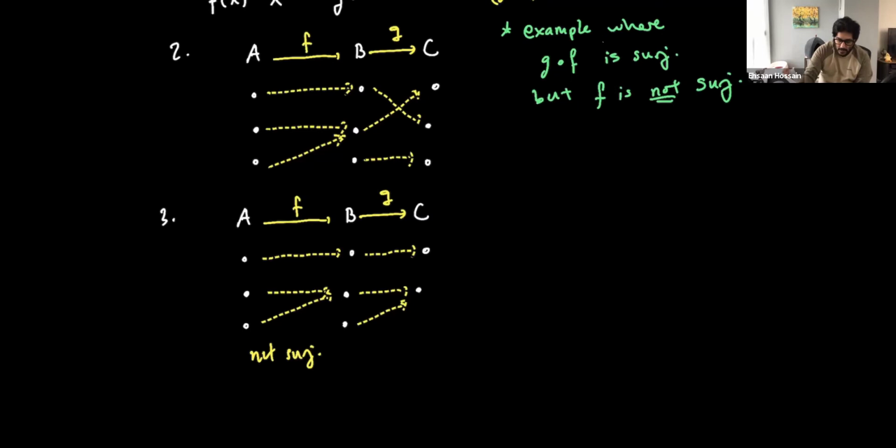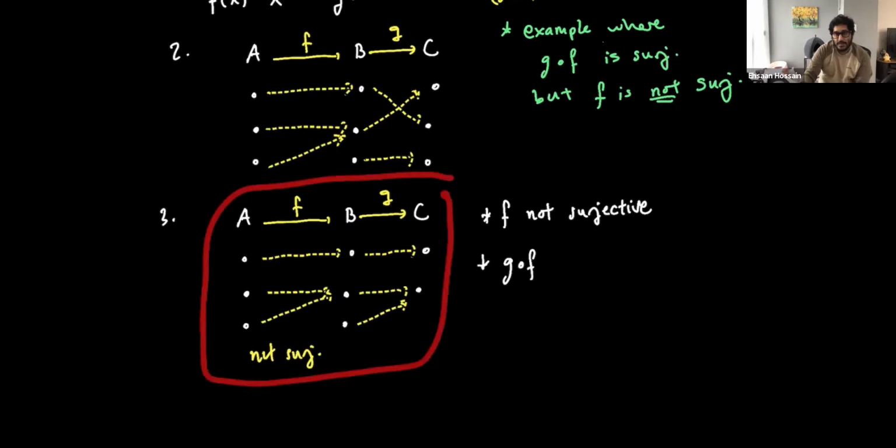So in this example, f is not surjective. But what about g∘f? Is g∘f surjective? In this example, is g∘f surjective?